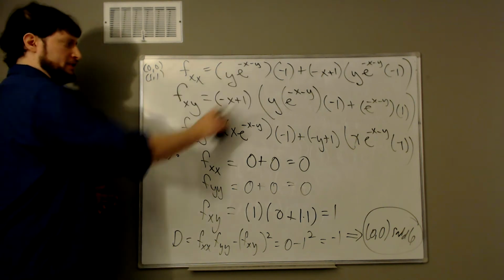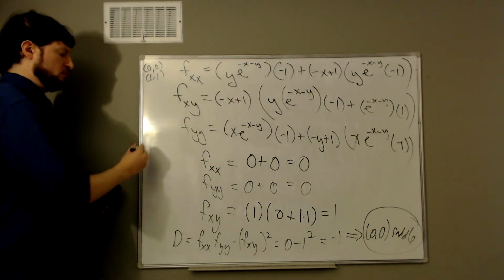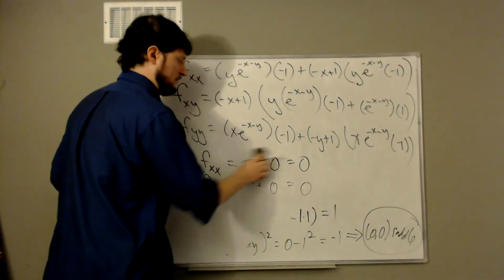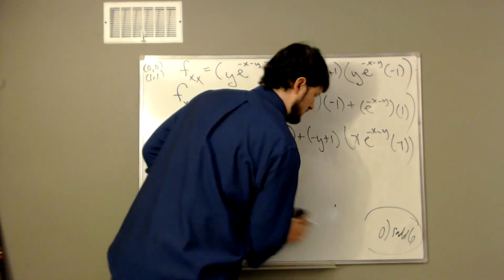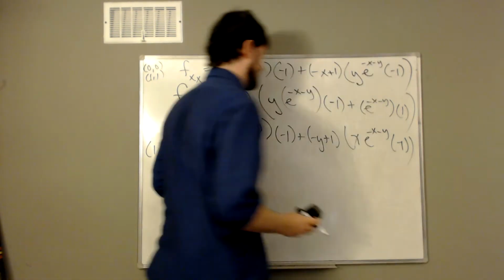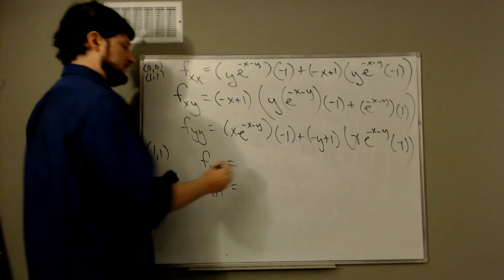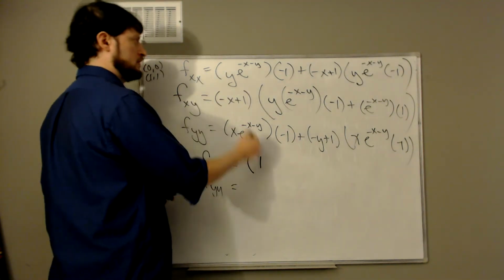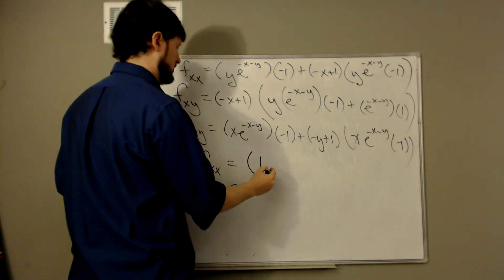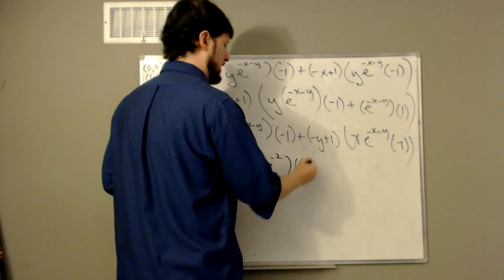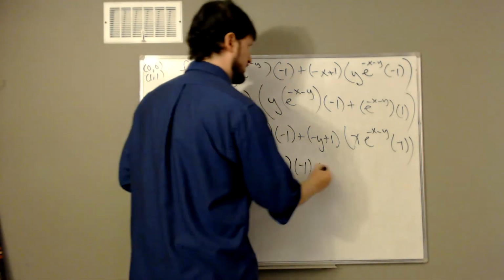Let's keep all this up here and then look at our second critical point, 1, 1. When we plug our point in for f sub xx, I get 1 times e to the minus 1 minus 1, which is e to the minus 2, times minus 1, plus.